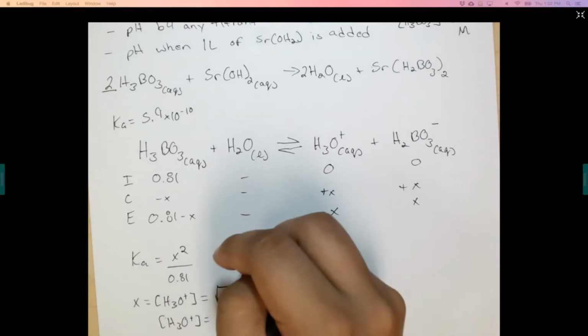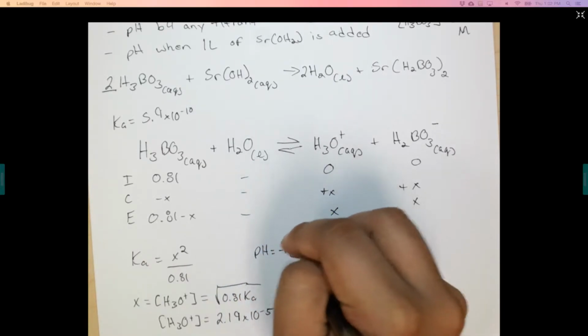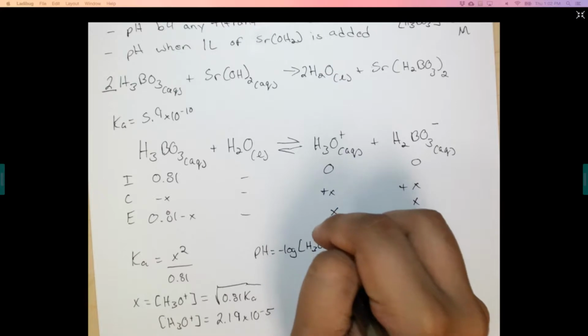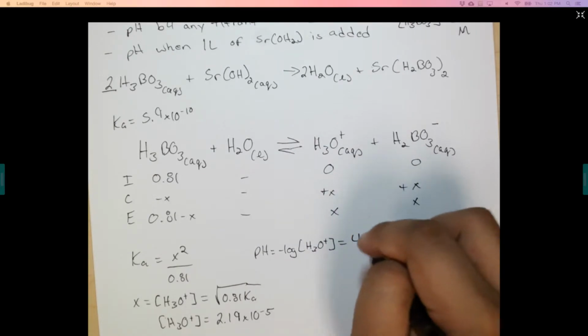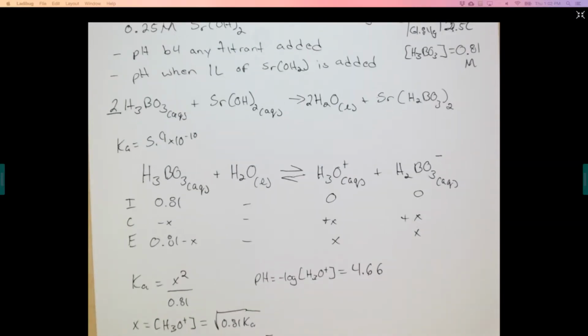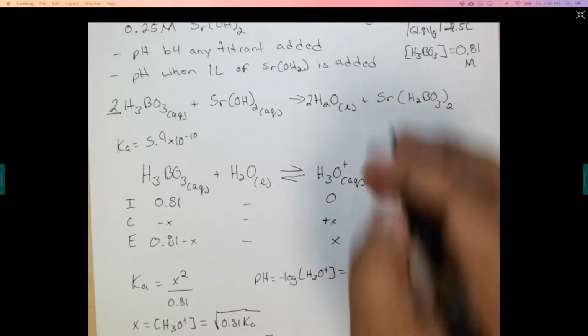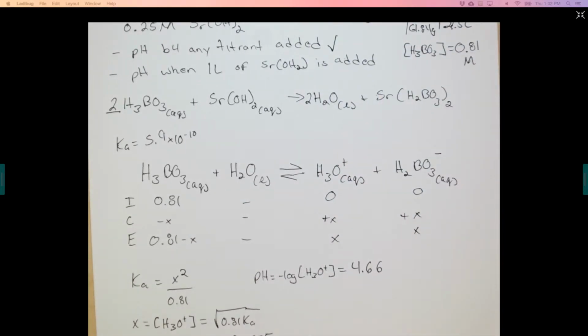And therefore, pH is equal to negative log of hydronium, which is equal to negative log of the second answer, 4.66, right? Slightly acidic, right? And that's what we should expect. We should expect it to be slightly acidic because we've been asked to determine pH before any titrant added. So there we are done.